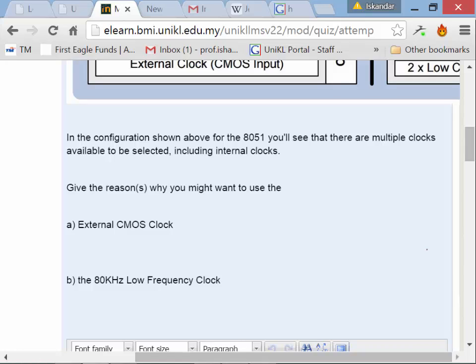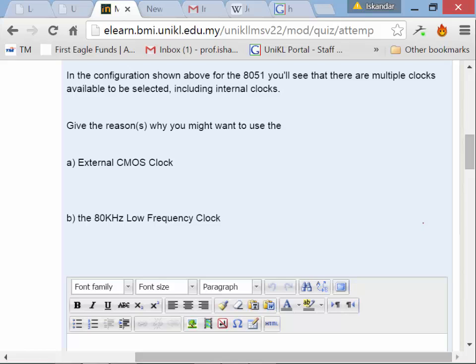Part B, the 80 kilohertz low frequency clock. The reason is that power consumption goes up exponentially with frequency. So if you want to go into a low power idle type mode, you use the low frequency clock to conserve power. That would be the answer you're looking for. There are other answers, but those are the key ones.